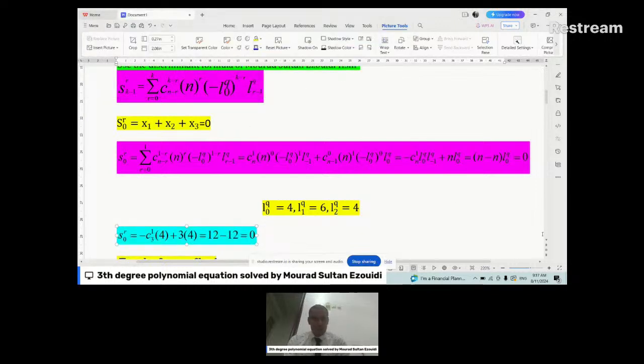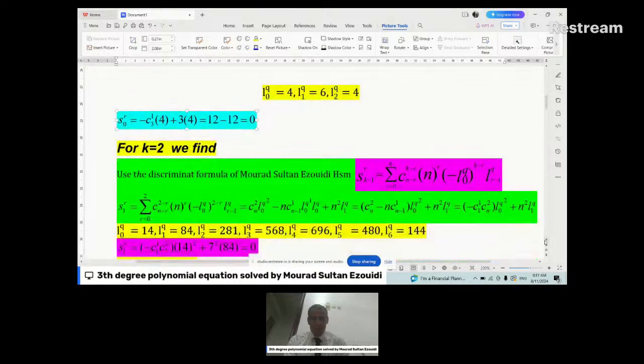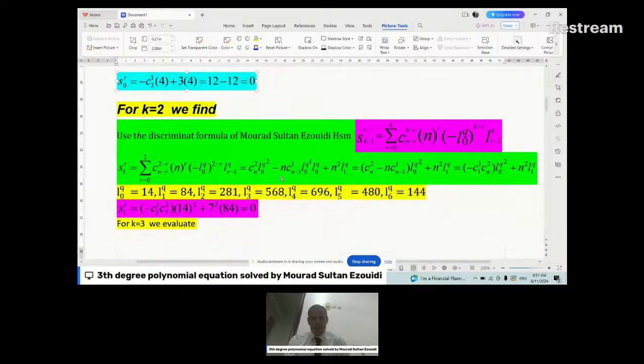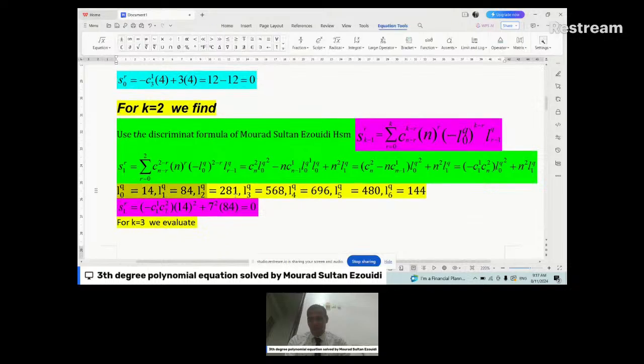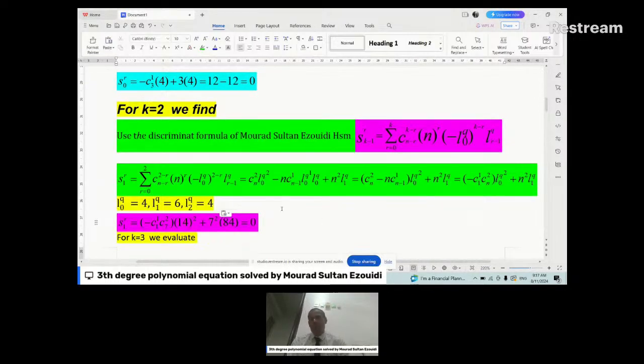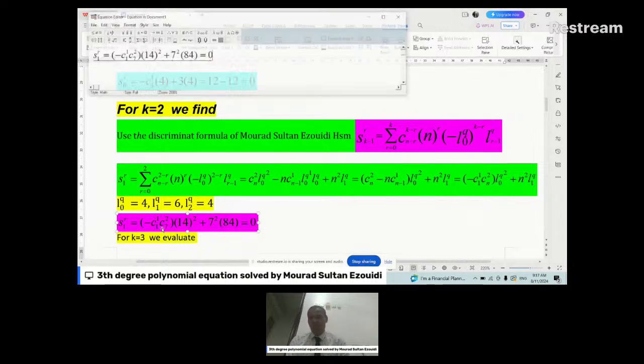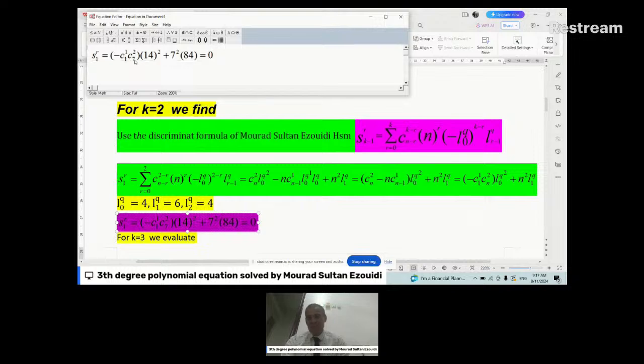We continue now. I'm going to work out the value of S1, learners. I will use the formula and just focus on this coefficient: 4, 6, or 4. So S1 is a combination.